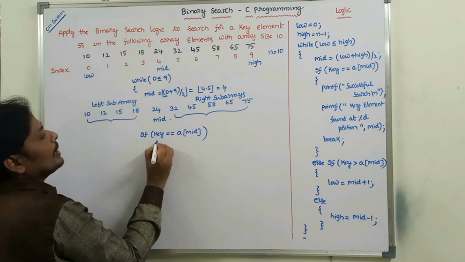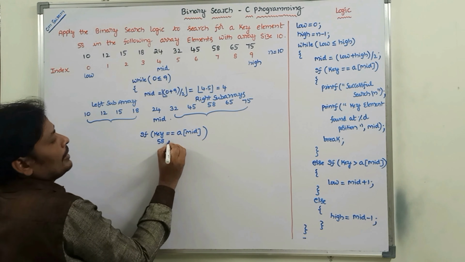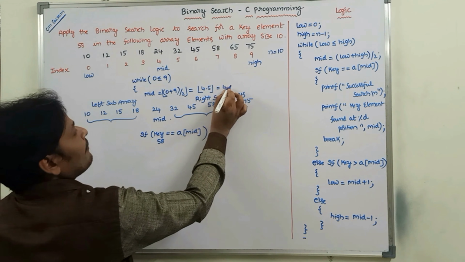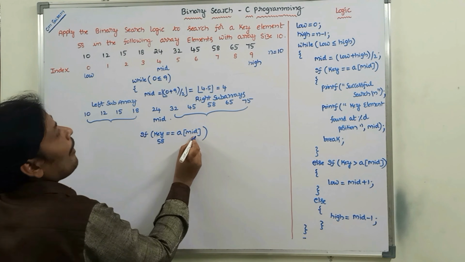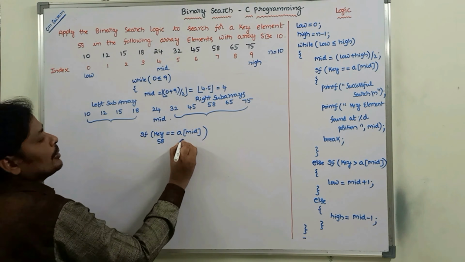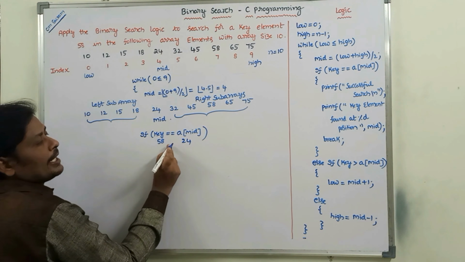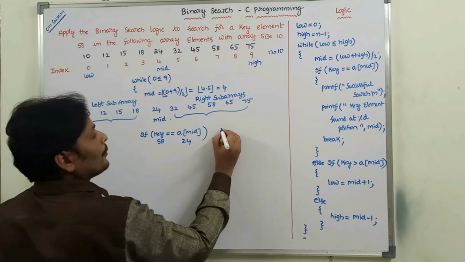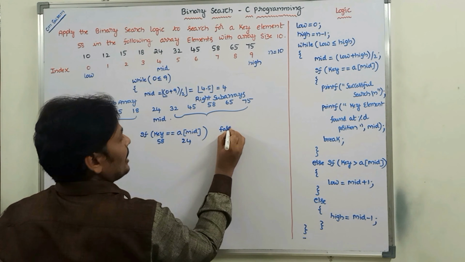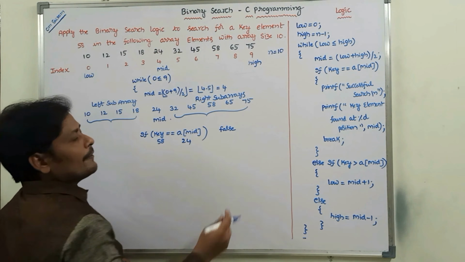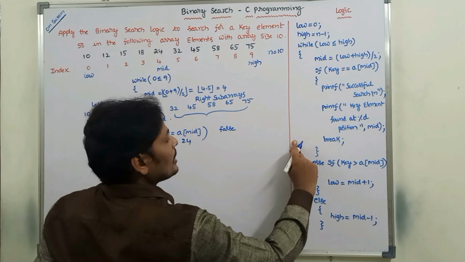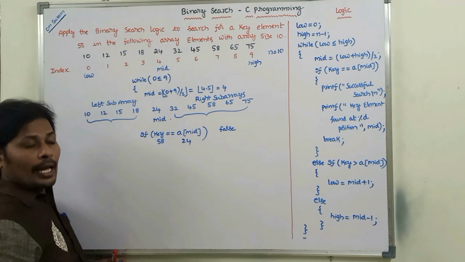Key value is 58. What is A of mid? Mid value is 4, that means A of 4. A of 4 value is 24. 58 equal to 24 is a false condition. Next, if this condition is false, then the control goes to the next else if.